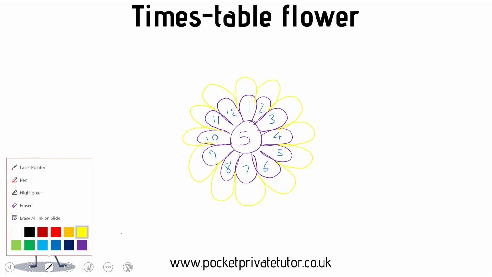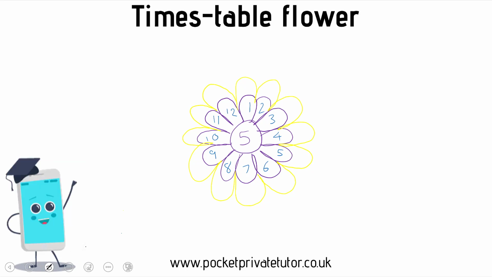I write my answers in that outer layer. I'm going to go with purple. So 5 times 1 is 5, 10, 15, 20, 25, 30, 35, 40, 45, 50, 55, 60.